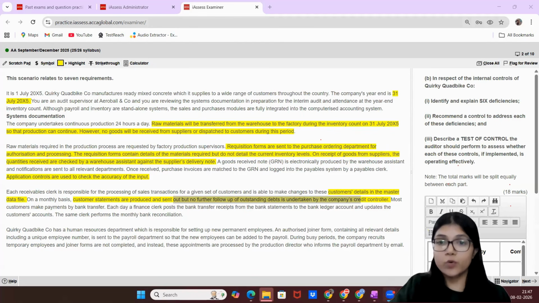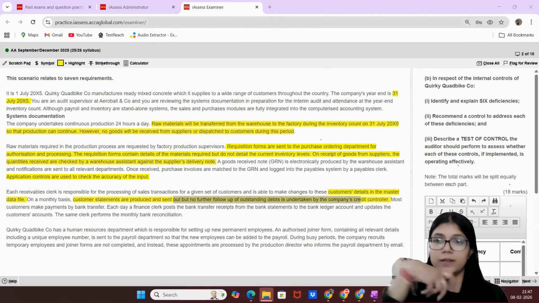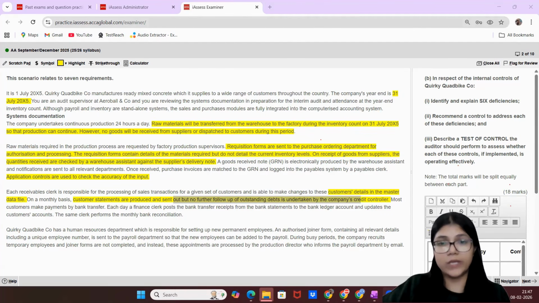So you'll review the follow-ups that the company has done. You'll select a sample of the receivables and check if the amount has been received, or check if they have actually done the follow-ups for the XYZ customers. Select a sample of customer statements and review that all receivables are followed up correctly. Performing annual credit checks is correct. Okay, perfect. In any of these three, you can write anything else which is relevant to you. You can also talk about the same thing.